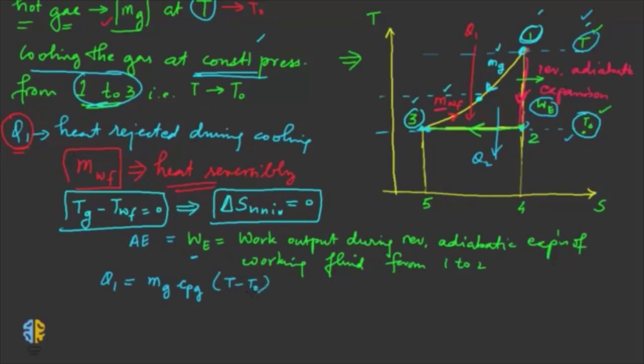This is the amount of heat that is being rejected. The same amount of heat is being taken up by the working fluid. So this is equal to MWF into the specific heat capacity of WF, and the temperature difference is T minus T naught. So this is the value for Q1.